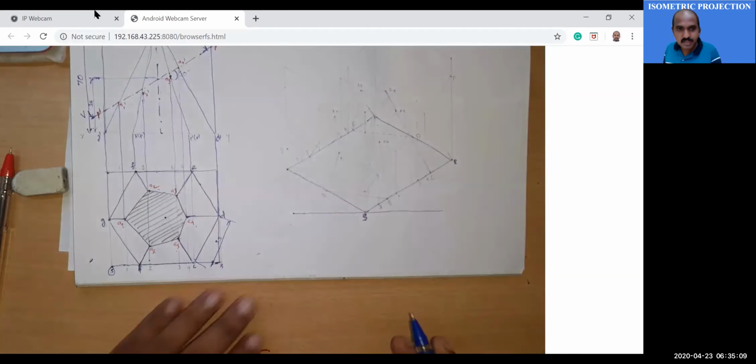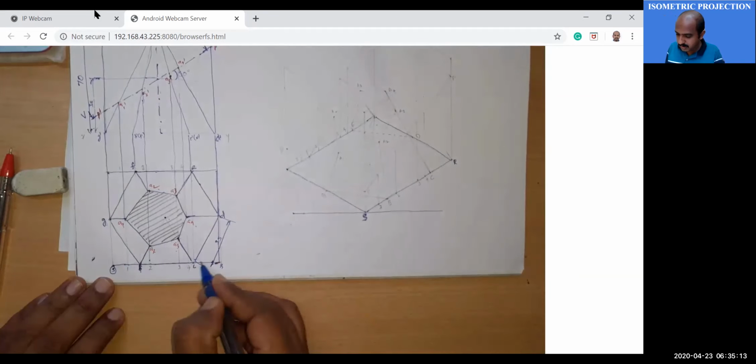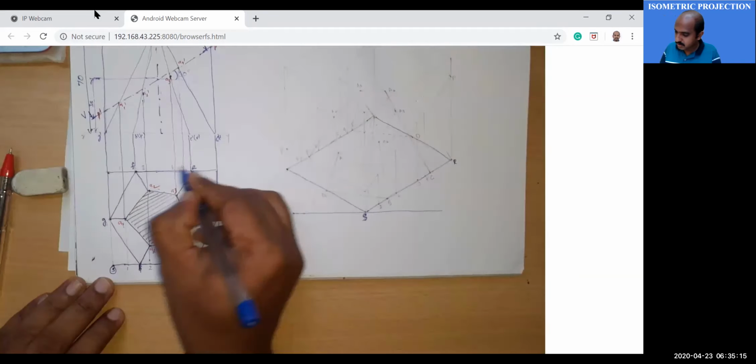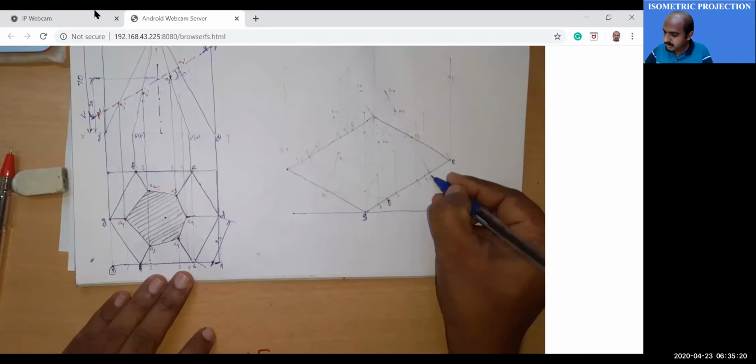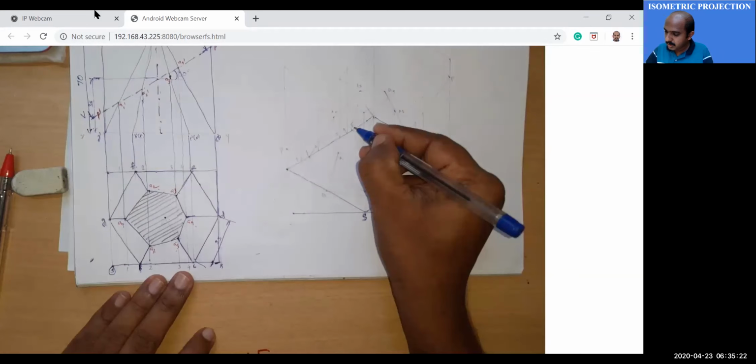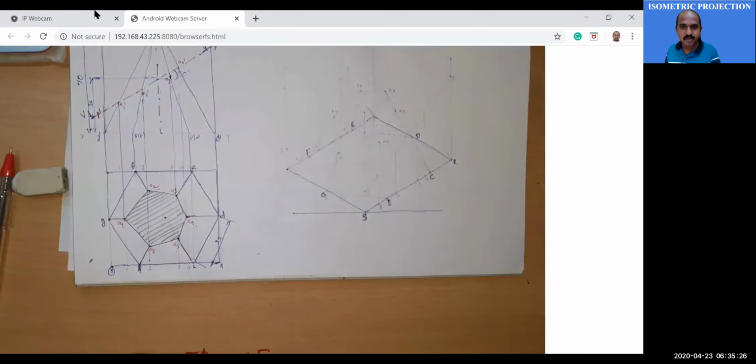You can transfer each point of the hexagon top: B, C, D, E, F, G. Now, what are you going to do?